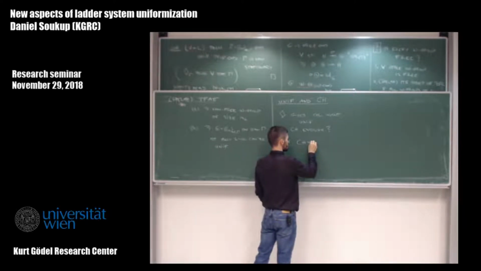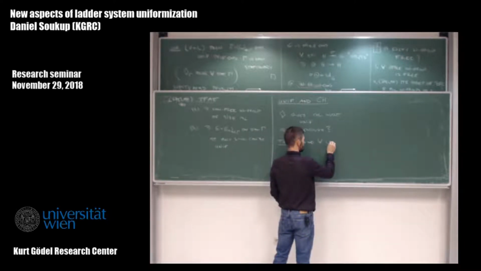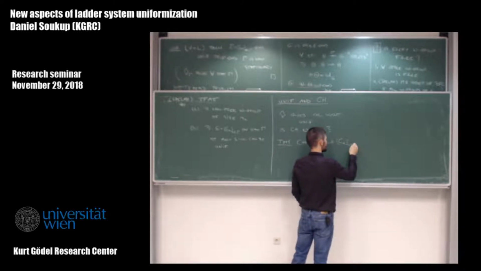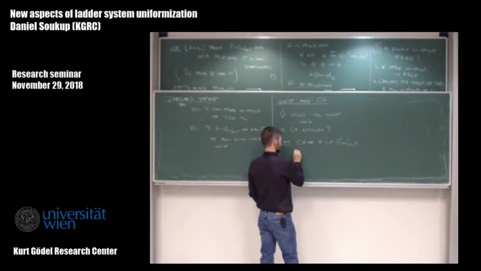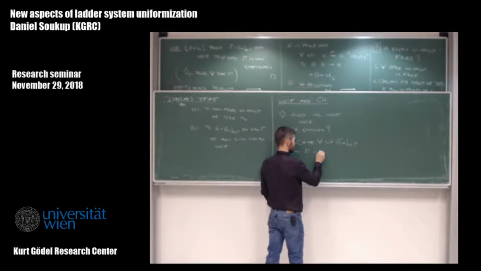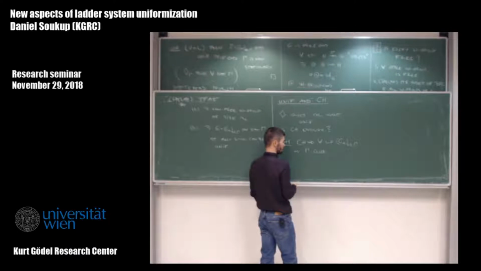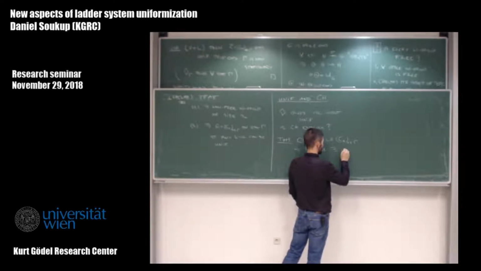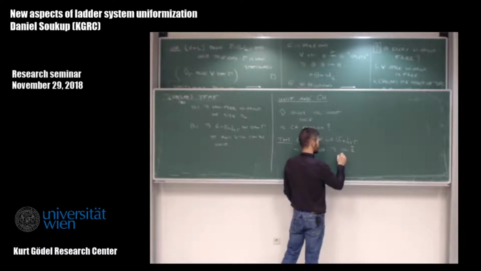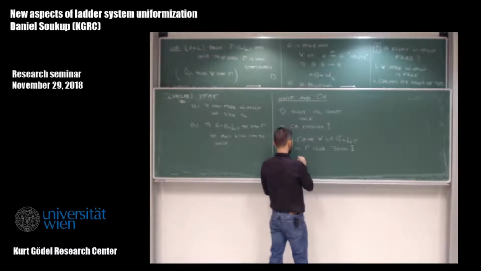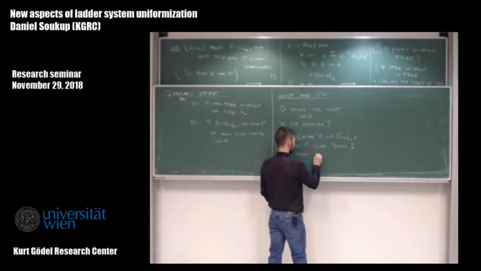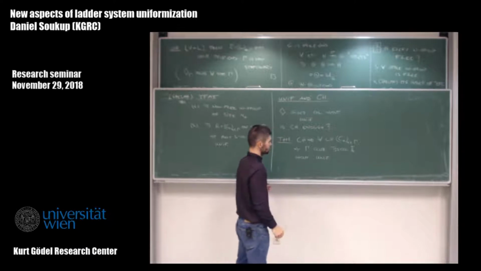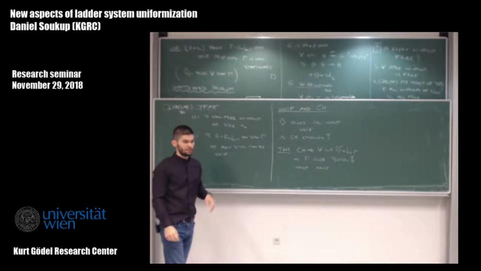Theorem: CH implies that for any ladder system that lives on a club, with gamma club, or at least containing a closed unbounded set, there is a two-coloring without uniformization. And this two-coloring can also be chosen very simple.